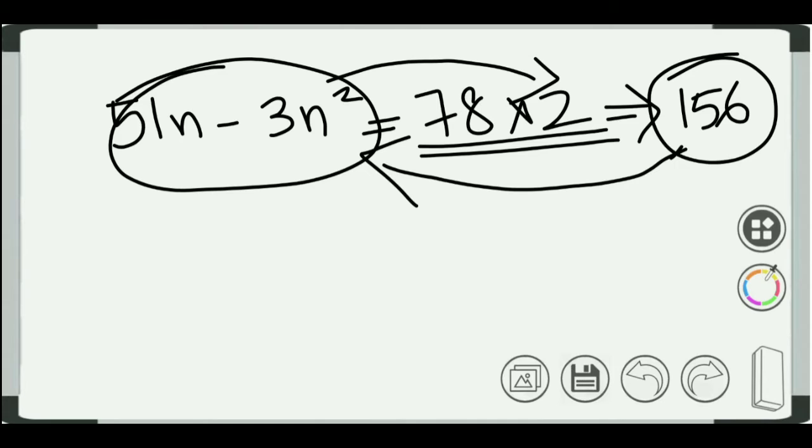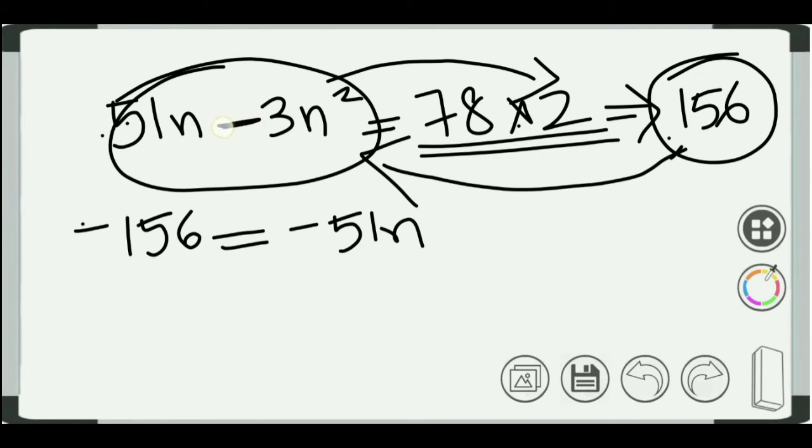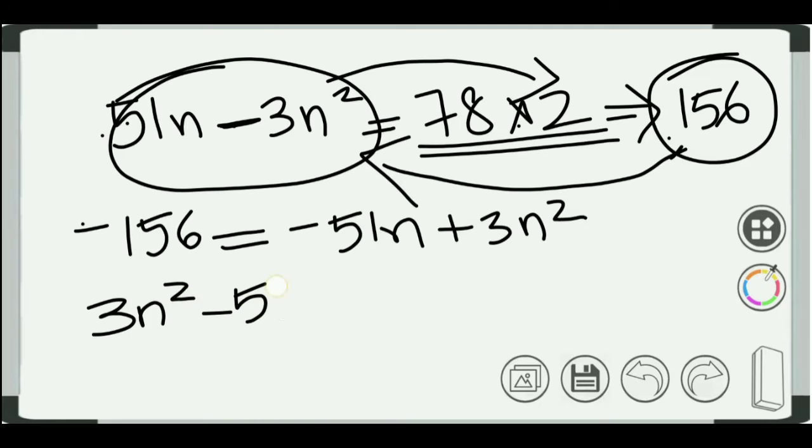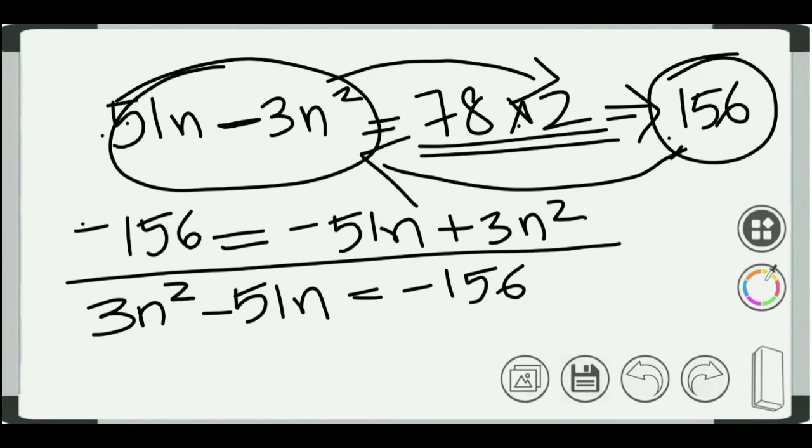That means this 156 is positive 156, so when I take this side, it will be minus 156, equal to, when I take this 51n this side, positive 51 will become negative, minus 51n. So minus 3n square will become plus 3n square. I am writing it in a proper way, that is 3n square minus 51n is equal to minus 156.